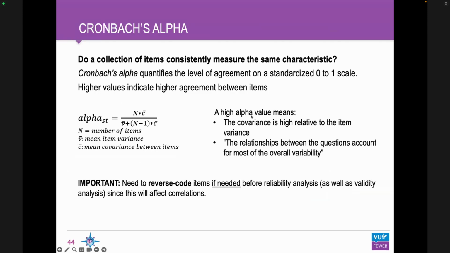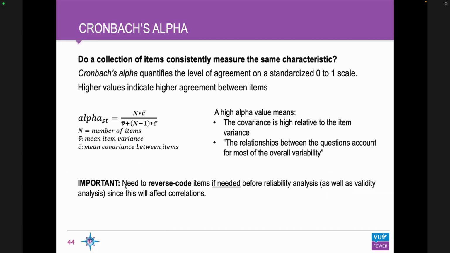A high alpha means that the covariance is high relative to the item variance, because the variance is in the denominator. And it means that the relationships between the questions account for most of the overall variability, meaning that we actually have high internal consistency.